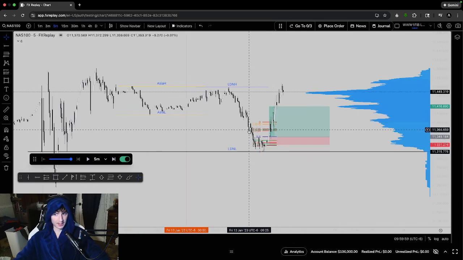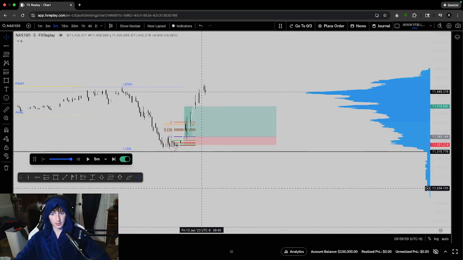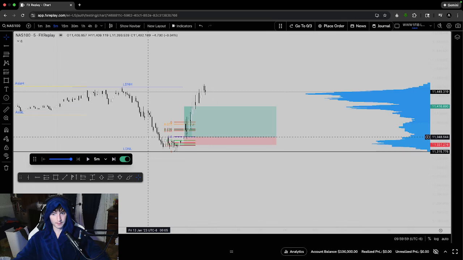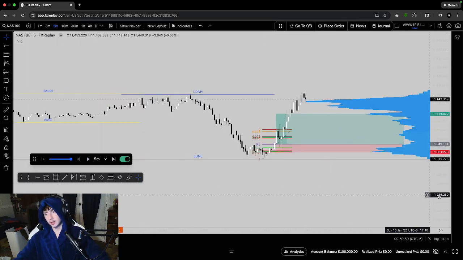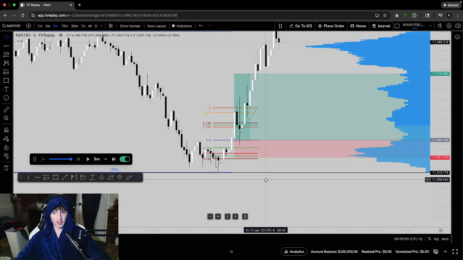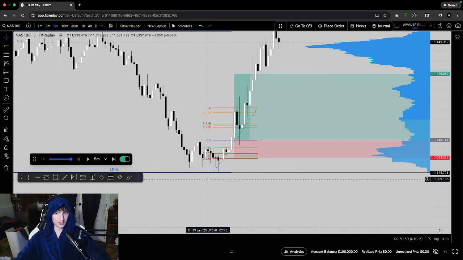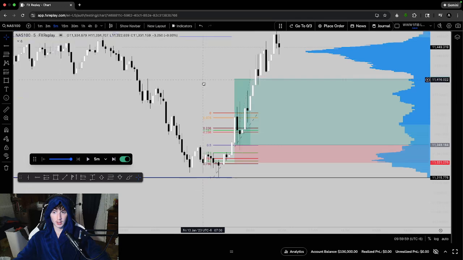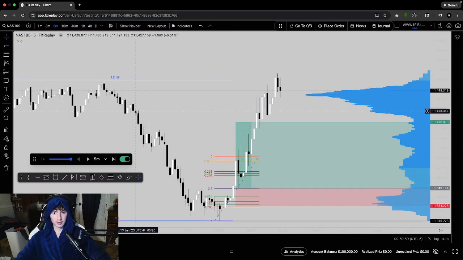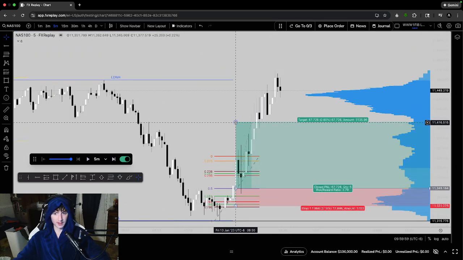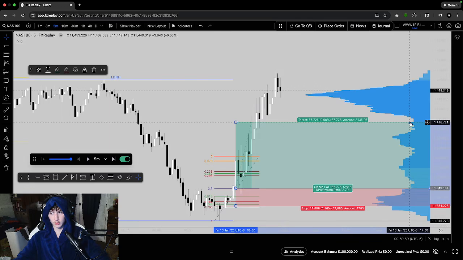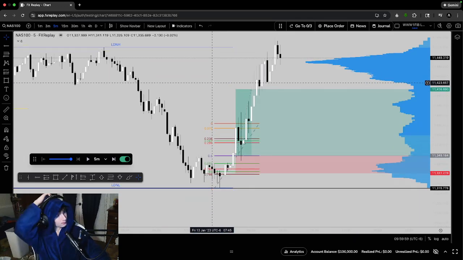Then we had a 5-minute inverse right there, and then I fibbed it, and we got a retrace back to equilibrium of this range, moving up, and I longed upwards to this untapped 5-minute gap right here, which also lined up with a low volume node. That's why I took that.